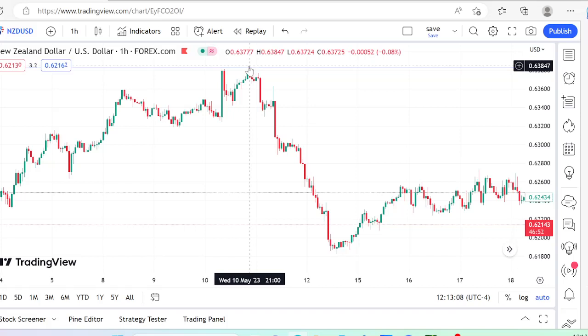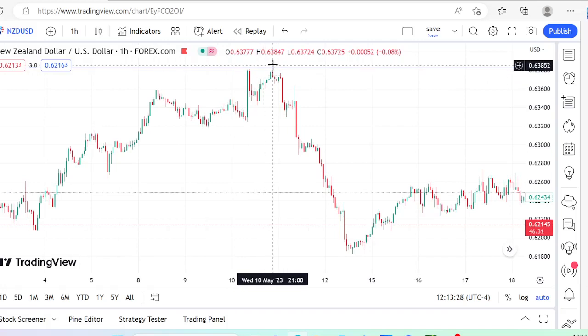And what happens shortly after taking that liquidity? Boom, you get a nice, big, explosive move to the downside. A displacement lower, a shift in market structure lower, after taking that liquidity.